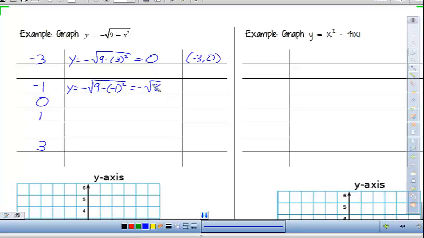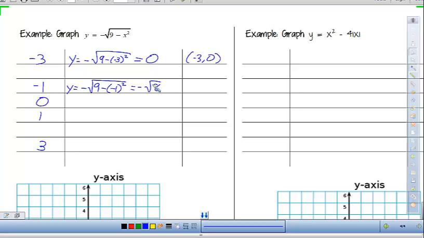Right offhand, I don't know exactly what that is, so I'll get my calculator to come up with the value. I get 2.82, or negative 2.82.